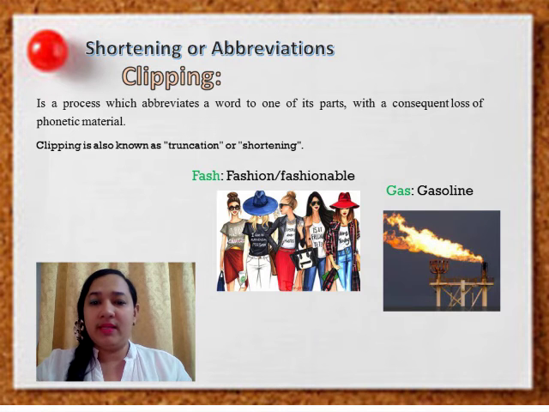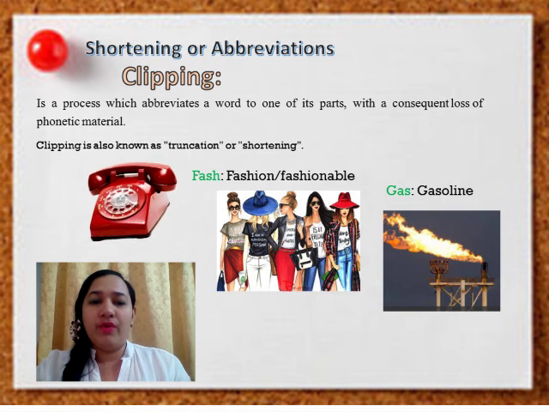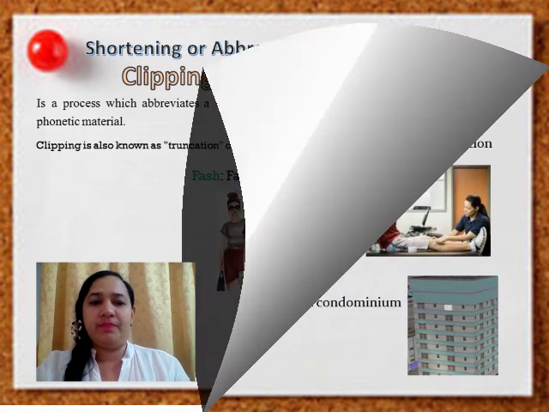Also, we can say that it's the result of deliberately dropping part of a word, usually either the end or the beginning, or less often both, while retaining the same meaning and the same word class. These are some general examples: fash for fashion, gas for gasoline, or phone for telephone.